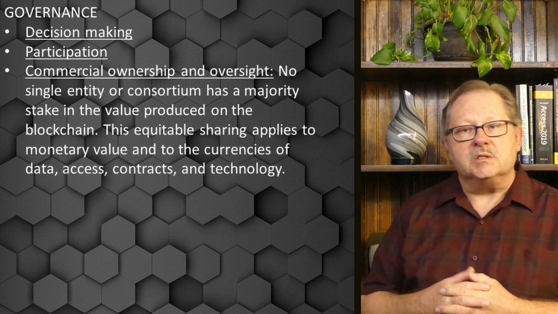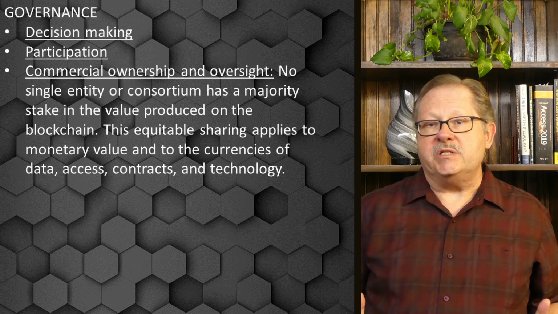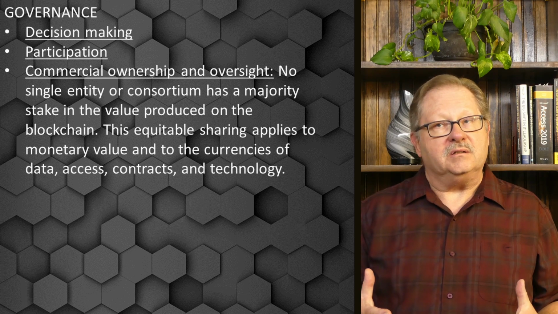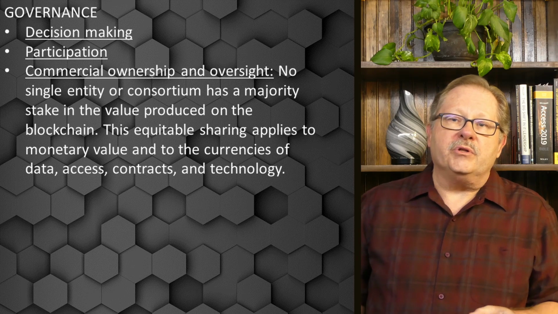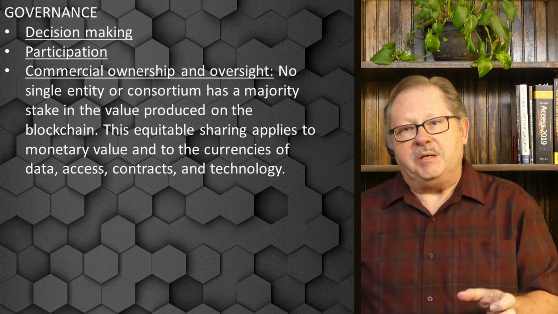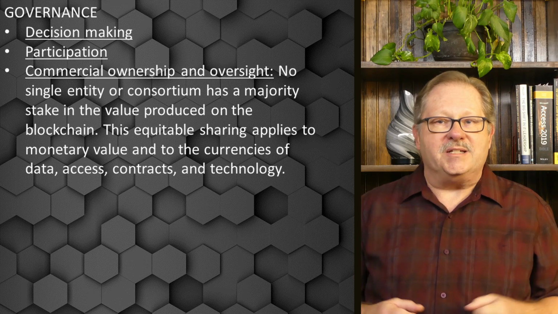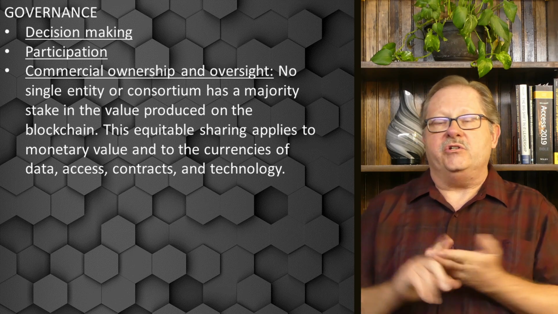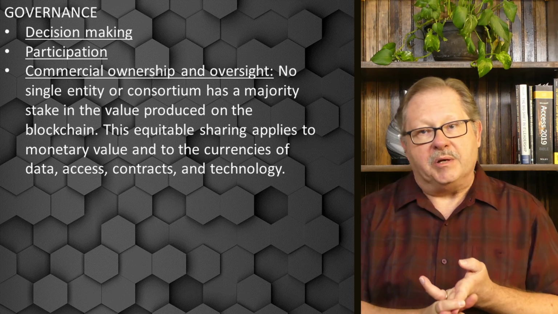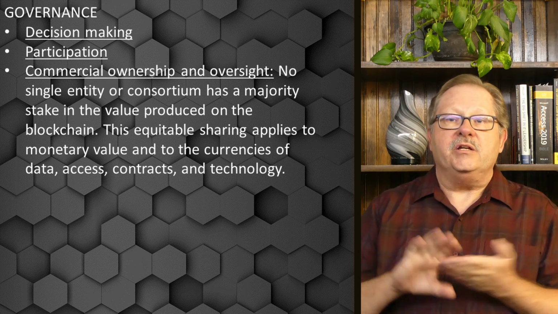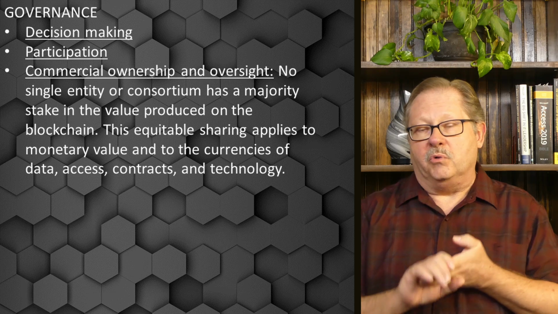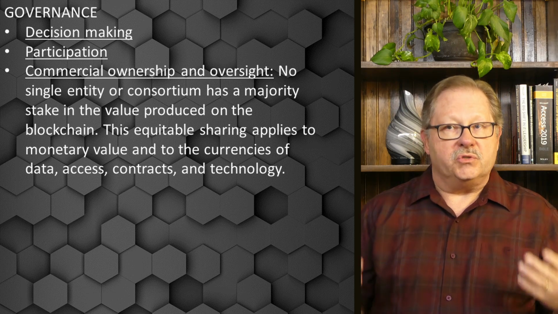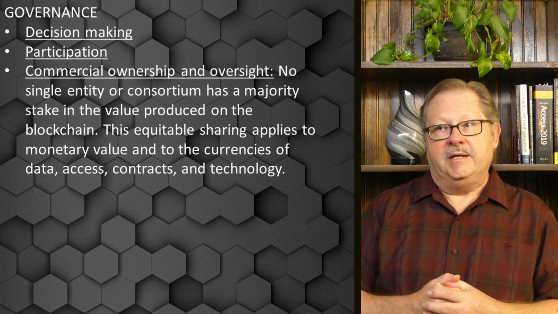So who's going to own this blockchain? Everybody that participates in the blockchain itself should own a piece of it. Okay, no one member of the consortium or group of people using it should have a majority stake in the blockchain. They shouldn't have more than half the say. They shouldn't have more than half the responsibility for updating it. They shouldn't also have more than half of the liability or burden should something go sideways or something go wrong.